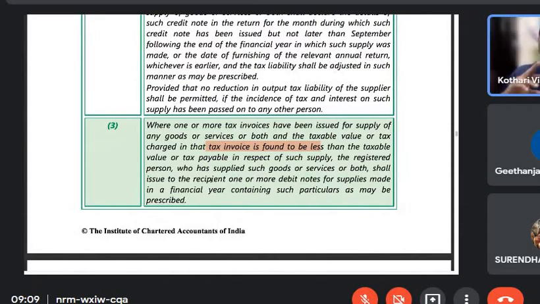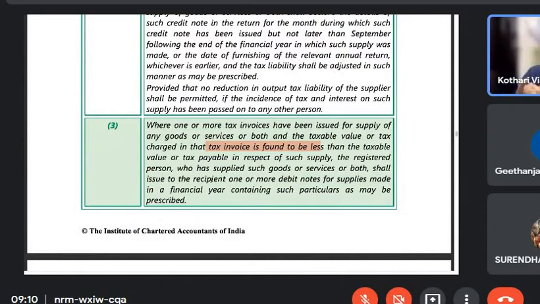So for the 200 rupees, what are you going to issue? Debit note. You have to charge tax at the rate of 18%, but you have charged 12% in the invoice. So there is a 6% tax shortage, and for that a debit note should be issued. By a debit note, what happens? The output tax of the supplier is increased, and the ITC of the recipient is increased. So a debit note is for only two situations.